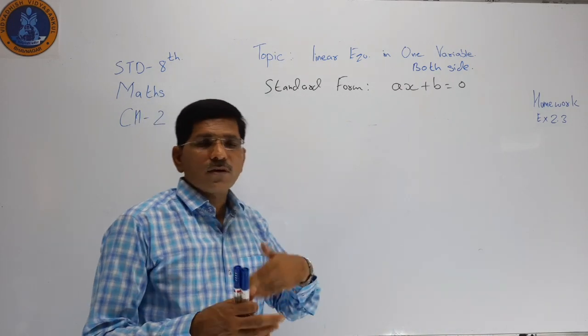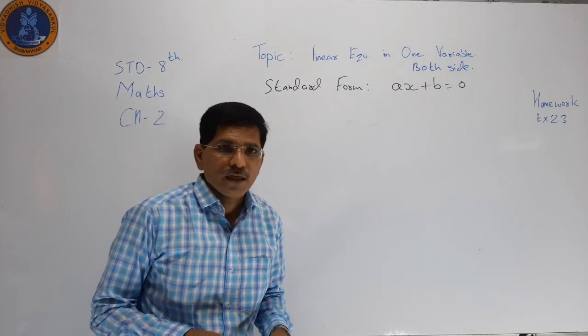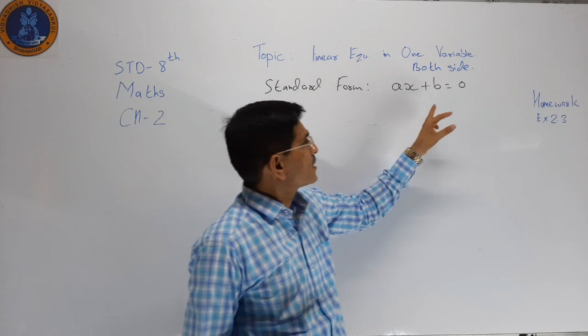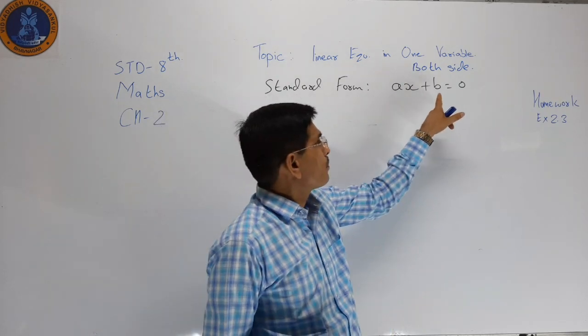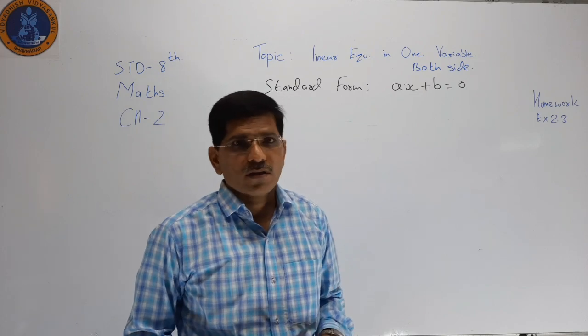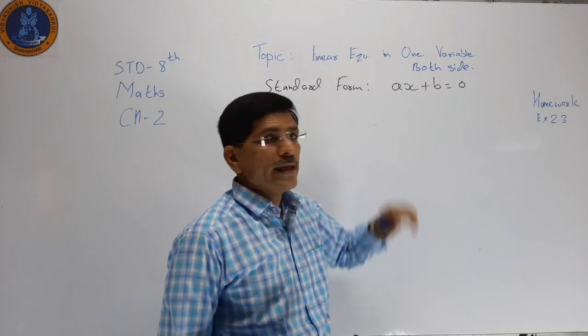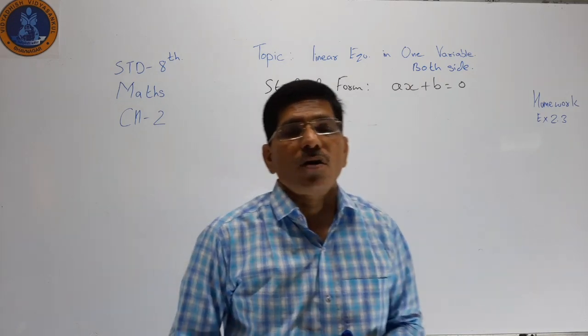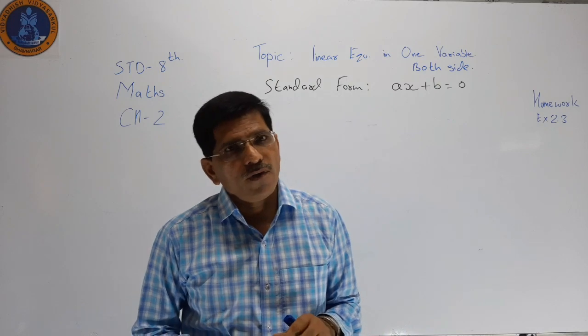Again, for revision purposes, the standard form of a linear equation is ax plus b is equal to 0, where b is called the constant term, x is a variable and a is the coefficient of x.